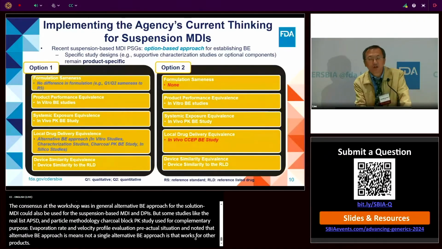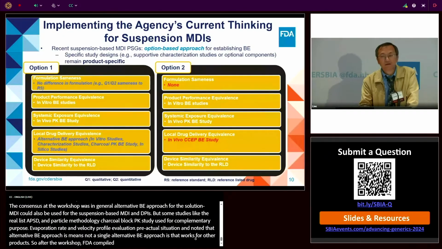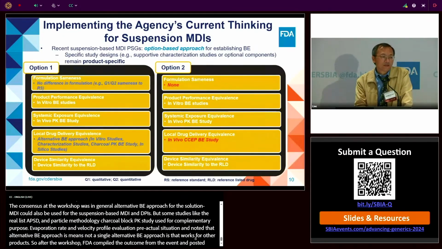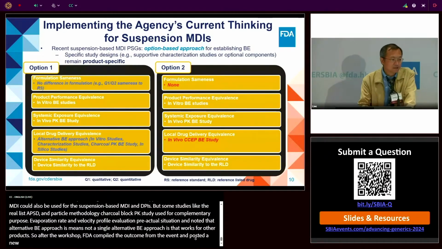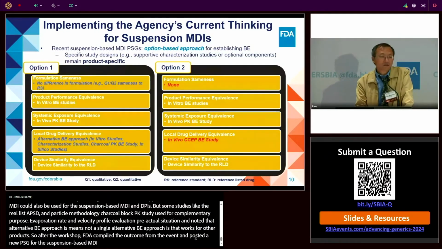So after the workshop, the FDA compiled the outcomes from the event and posted the new PSGs for the suspension-based MDIs. All these PSGs take the option-based approach.